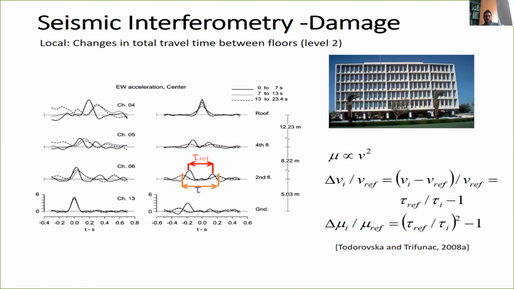And if you use interferometry, you can calculate the convolution between the different floors, and you can see how the deconvolution is changing for different windows of the seismogram.